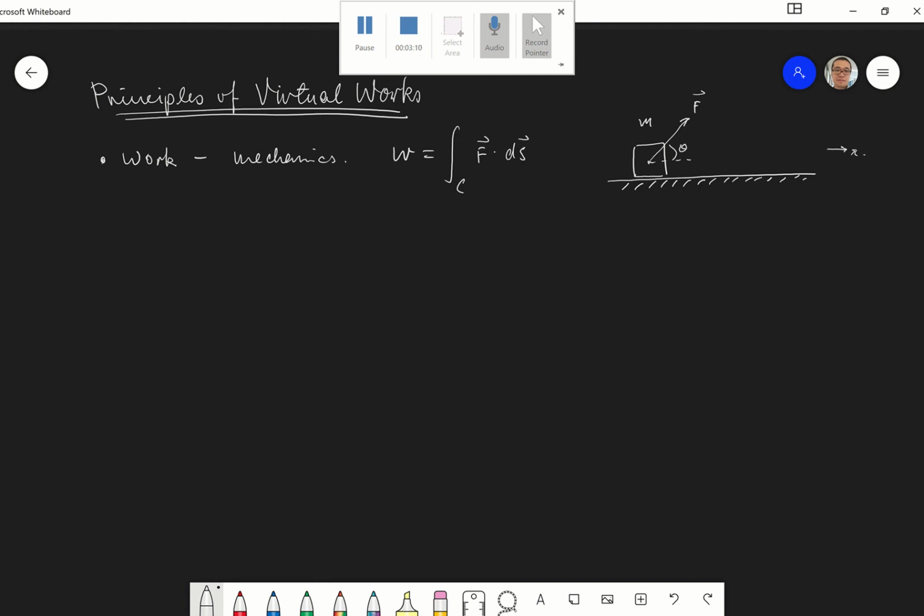Under this force, this block will start moving, and say it moves to this place by a distance of s. So the work done by this external force is F dot S, which in this case is the magnitude of F times the magnitude of S times cos theta. Alright, so this is what we understand in terms of first year physics.